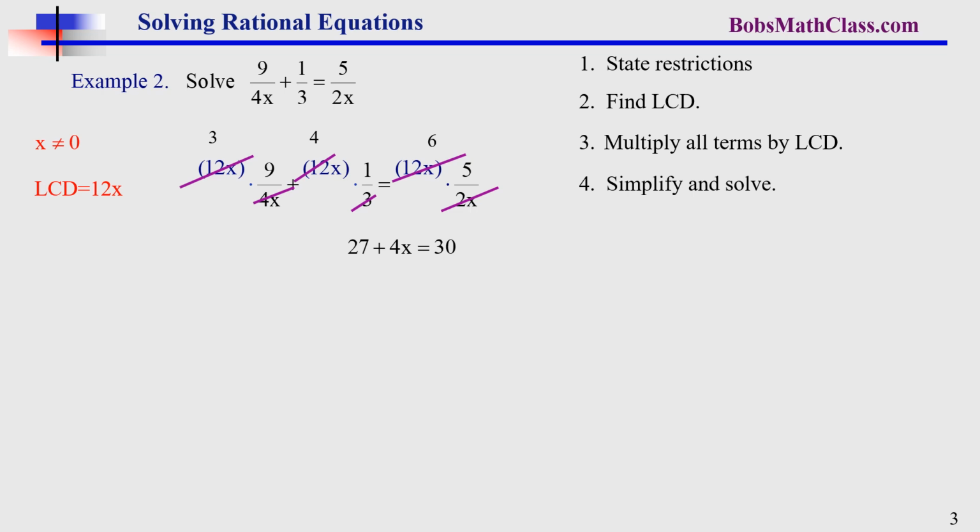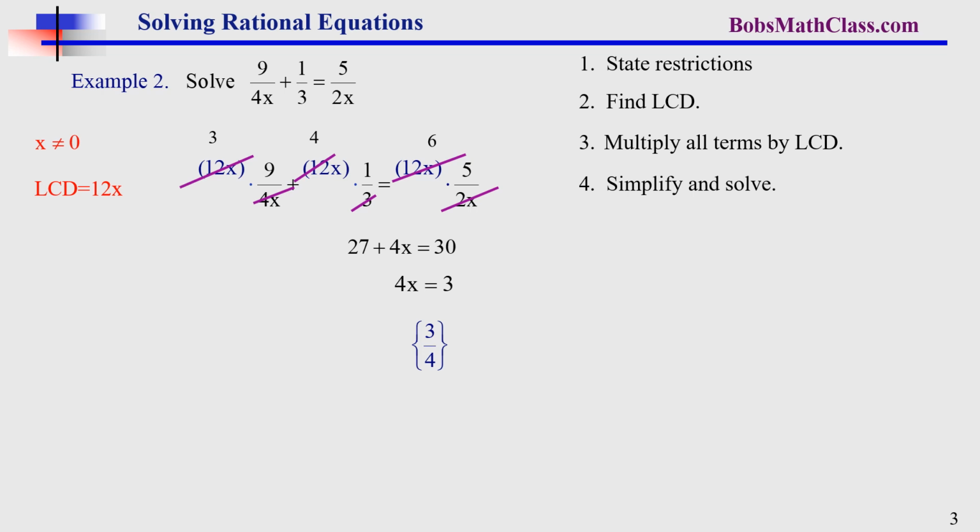So you should end up with 27 plus 4x equals 30. Now subtract 27 on both sides, and then divide by 4. So our answer is 3/4.